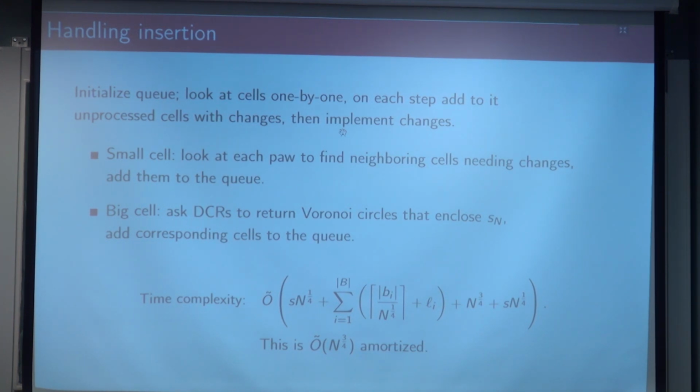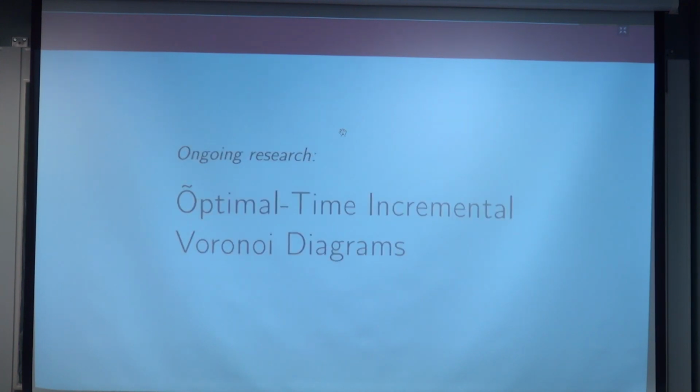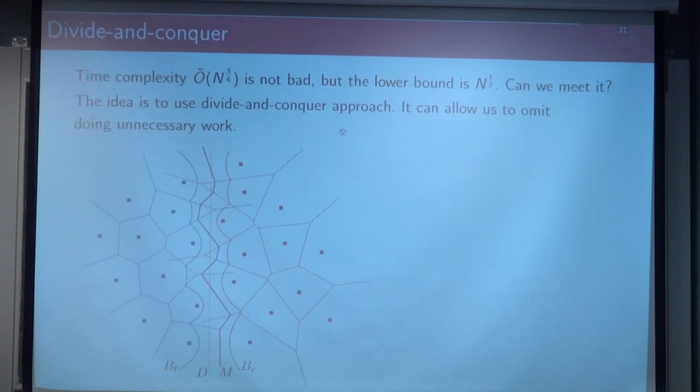So after we kind of believed this result, we asked ourselves the question: is it possible to do the thing even faster? Is there a possibility to meet the lower bound? And our idea, this is my further plan, is to use a divide and conquer approach.